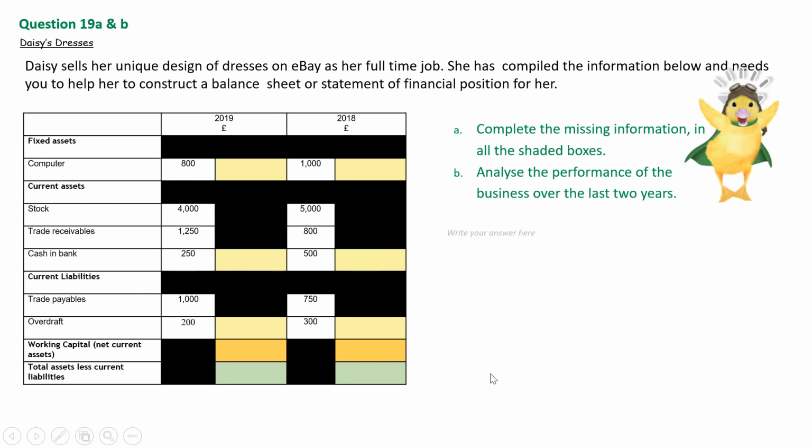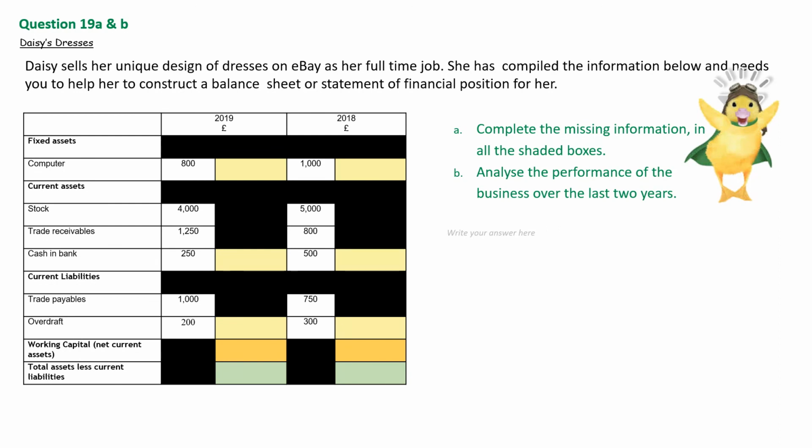Question B. Analyse the performance of the business over the last 2 years. This time, you've actually got to look at the numbers that you've written. You've now got to write some words in the box below and actually decide whether this company, Daisy's company, is doing better or worse from 2018 to 2019. Try and justify it as well.